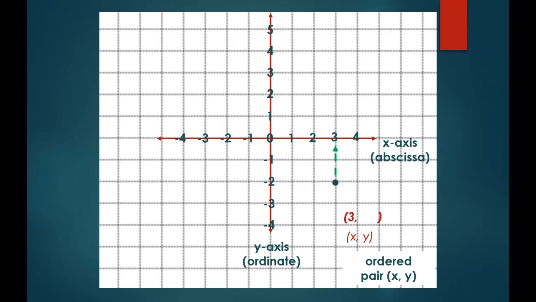Yun yung una nating isusulat as ordered pair. Then, ano naman yung katapat niya sa vertical line? Negative 2. Therefore, ang y-coordinate natin ay negative 2. So, yun pala yung coordinates ng x tsaka ng y.